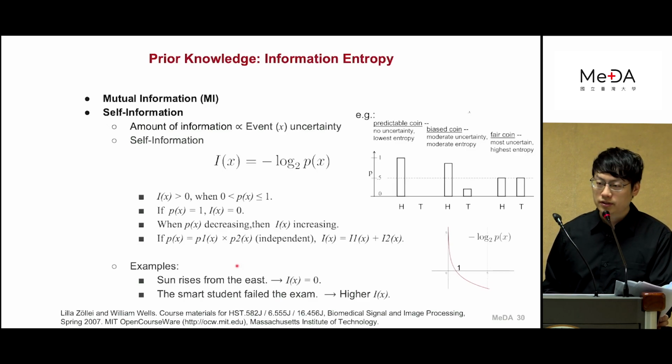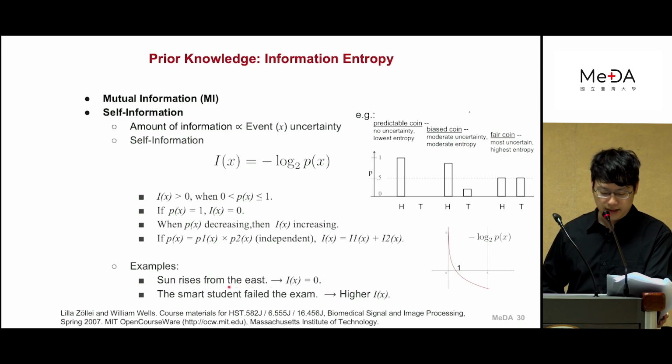Now, before introducing mutual information, it's important to understand the concept of self-information and entropy. Self-information is proportional to the uncertainty of an event. For instance, sunrise from the east indicates zero uncertainty, resulting in self-information equal to 0.